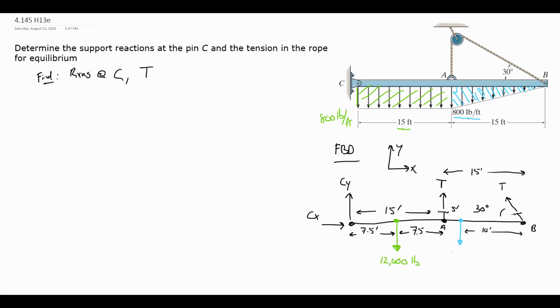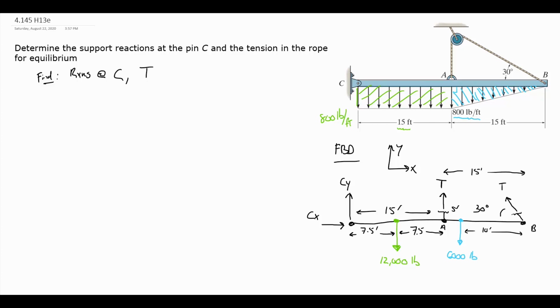So 1/2 base times height, 15 feet times 800 pounds per foot, I'm going to get an equivalent loading of 6,000 pounds. So for the triangular section of the distributed load, I know where it's acting, at 5 feet from A or 10 feet from B, and I know its equivalent force is 6,000 pounds.